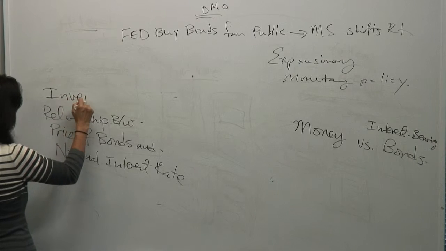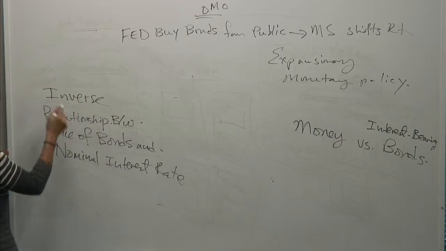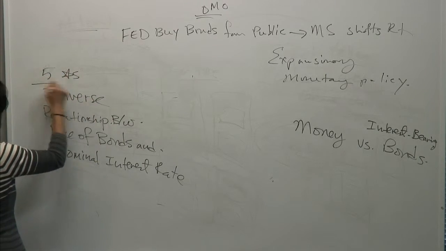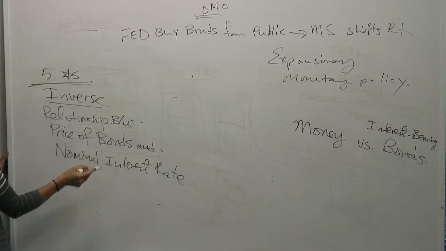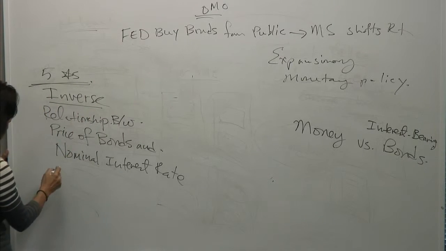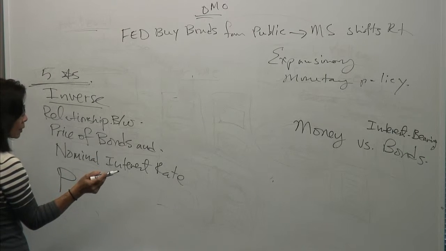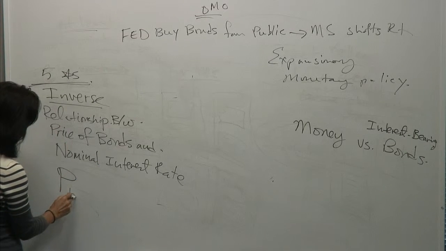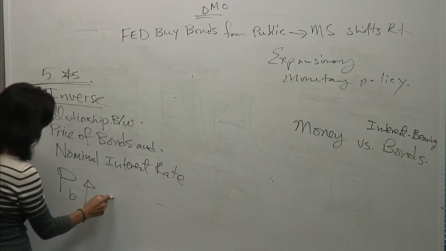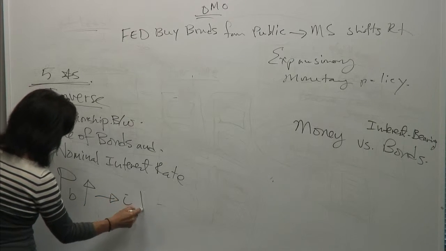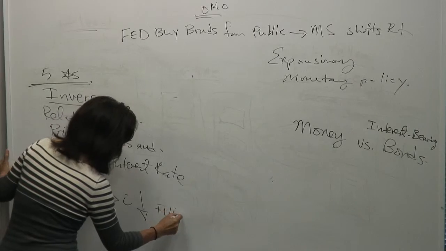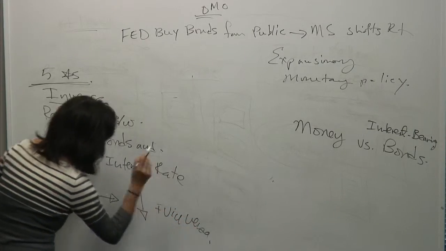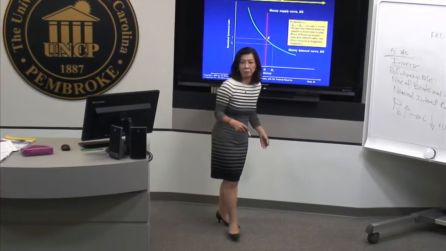Inverse. This is a 5-star concept. There's an inverse relationship between the price of bonds and the nominal interest rate. Not any kind of interest rate, but the nominal interest rate. In other words, if the price of bonds goes up, your nominal interest rate will come down, and vice versa.